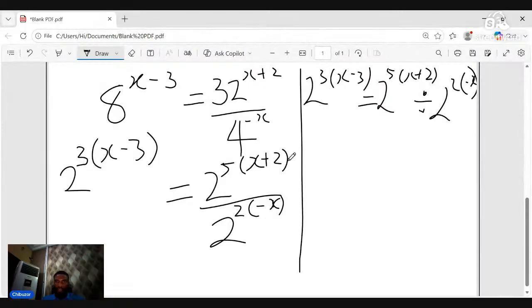I hope you understood. I just converted the division sign to this so that it will be easy for us to understand.